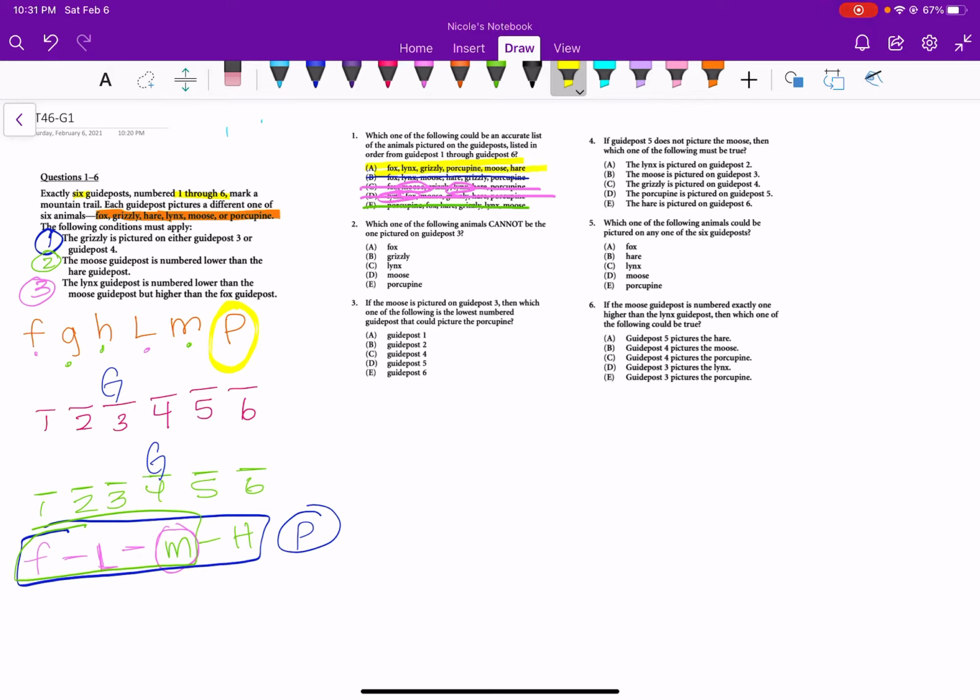All right, number 2, which of the following animals cannot be one pictured on guidepost 3? So it's saying, hey, who cannot go here? If I were to predict an answer, who cannot go third? Let's look at our constraints here. Do we see what is the earliest that H could go?